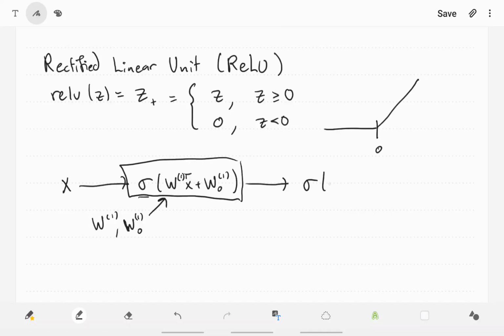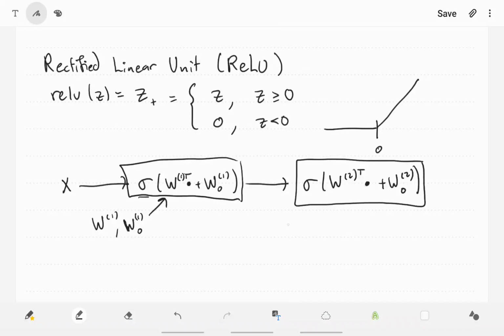So similarly here we would have W2 transpose x plus W2 0. So this is the next operation that it undergoes, and it has more trainable variables for this operation.